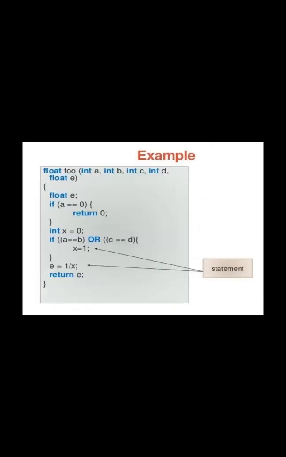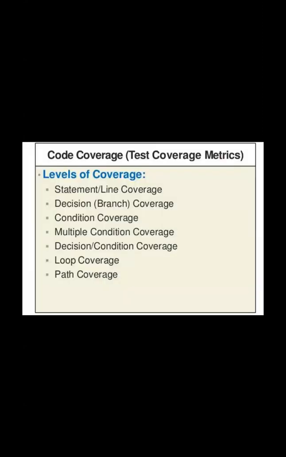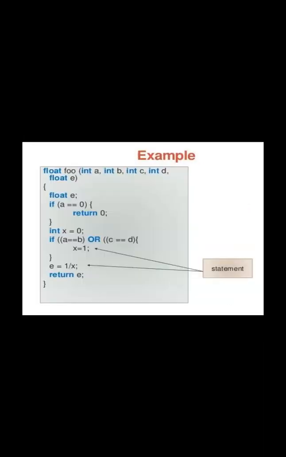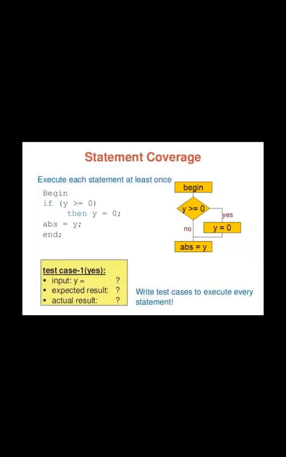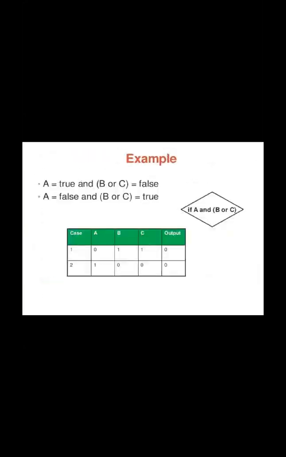The 7 types are: statement and line coverage, which covers the statements and lines in your code; decision and branch coverage testing; condition coverage testing; multiple condition coverage testing; decision and condition coverage testing; loop coverage testing; then path coverage testing. So the 7 types you should remember, and you can make use of any example to explain the concept.